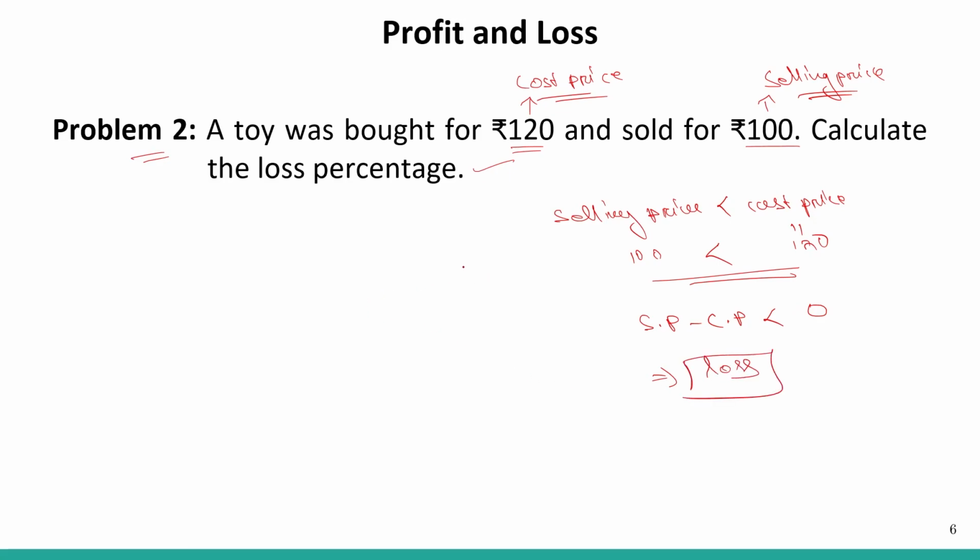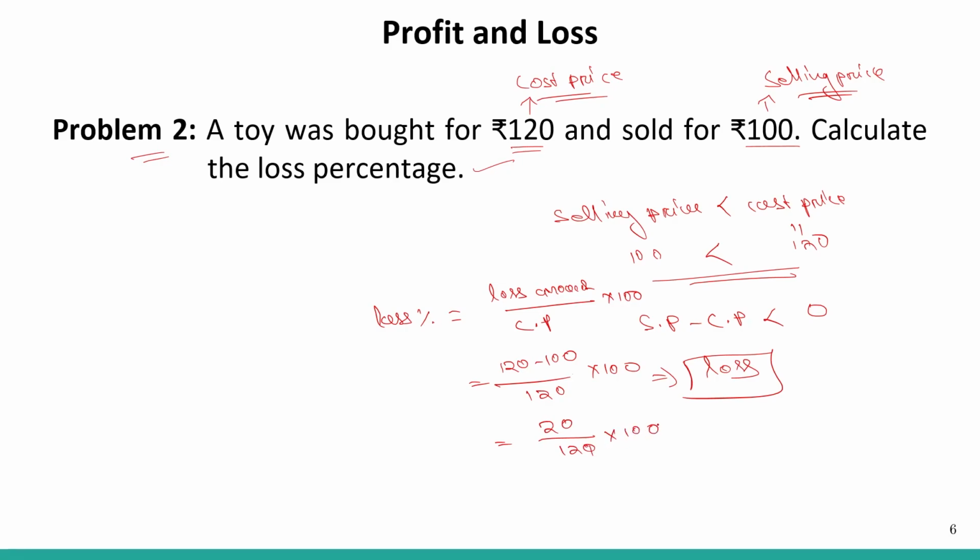How do we calculate loss percentage? We already know that loss percentage is the loss amount by CP, that is cost price, into 100. So the loss amount is 120 minus 100, whole by cost price, 120, into 100. This is equal to 20 by 120 into 100.